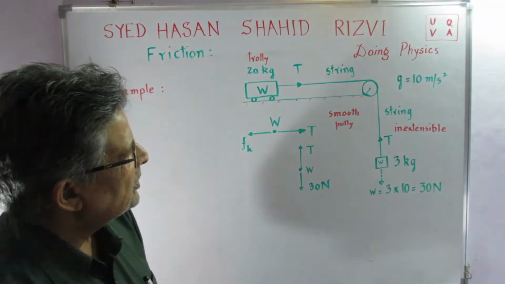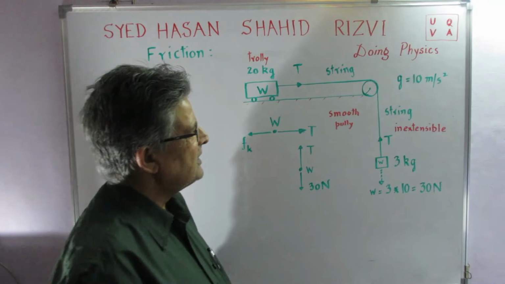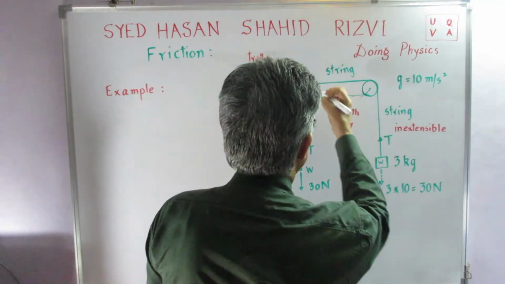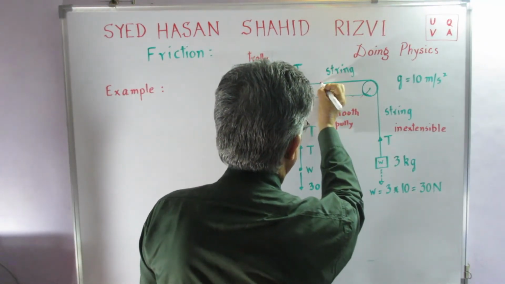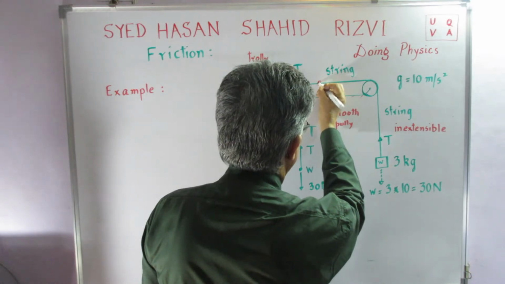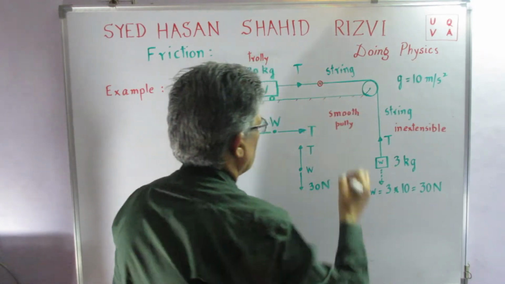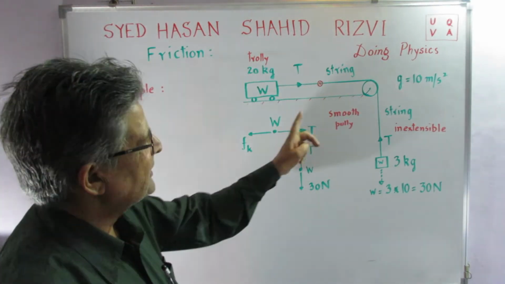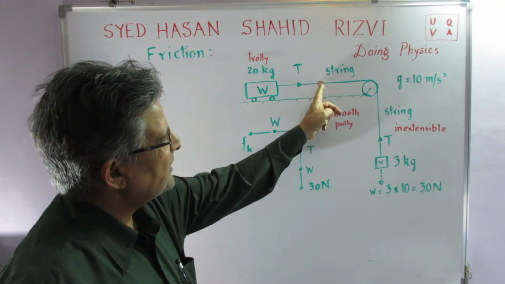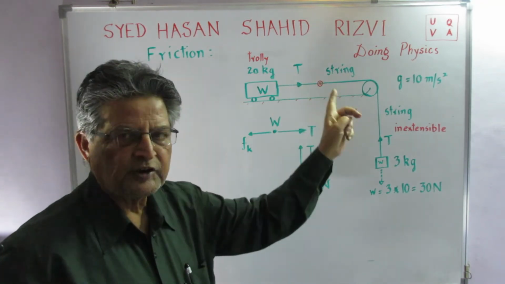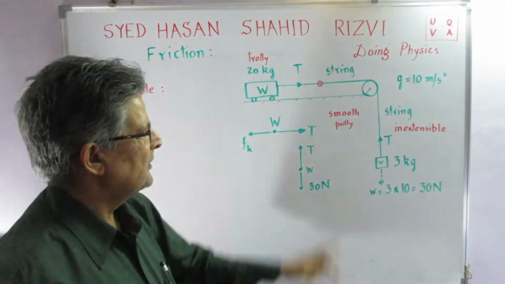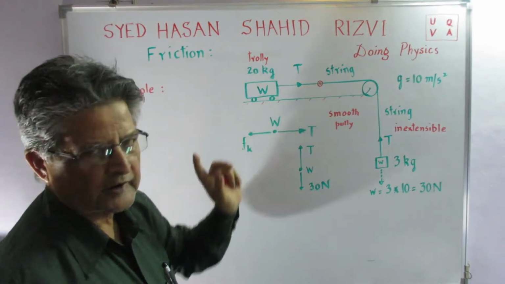And I told you that tension in any part of this string, for example, if I take a point over here, then remember that the string experiences a tension in both directions. This direction, also in this direction.